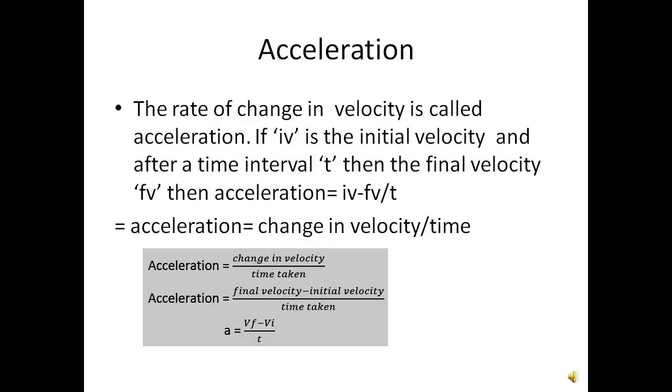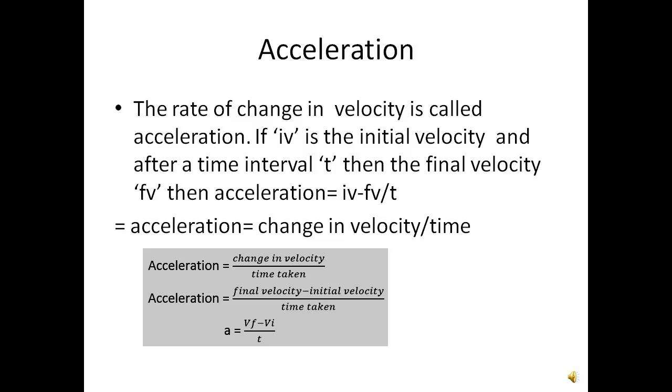If IV is the initial velocity and after a time t, the final velocity is FV, then the acceleration will equal the final velocity minus the initial velocity upon time. You can in simple words say that acceleration equals change in velocity upon time.